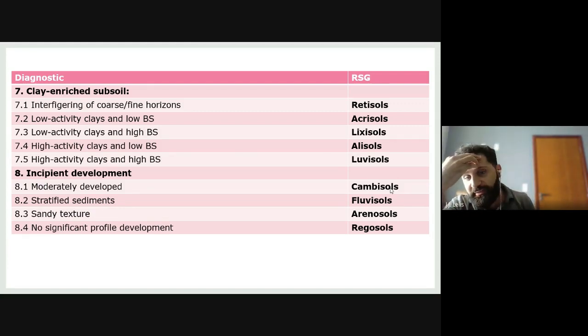In this case, we can find the Lixisols. The Lixisols are those soils that possess low activity clays but a high base saturation.